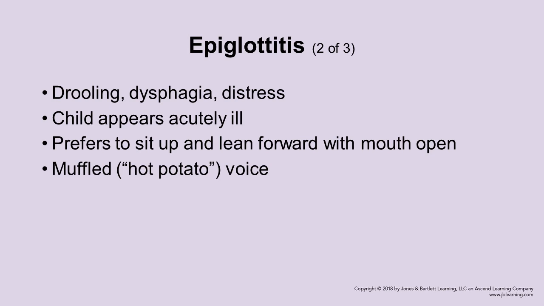And one telltale sign can be that they prefer to sit up and lean forward with their mouth open. Essentially what a child is doing in this position is called tripoding. By leaning forward, they allow their tongue and oral tissues to fall forward and actually perform somewhat of an airway maneuver on themselves, thereby relieving some of their upper airway obstruction.